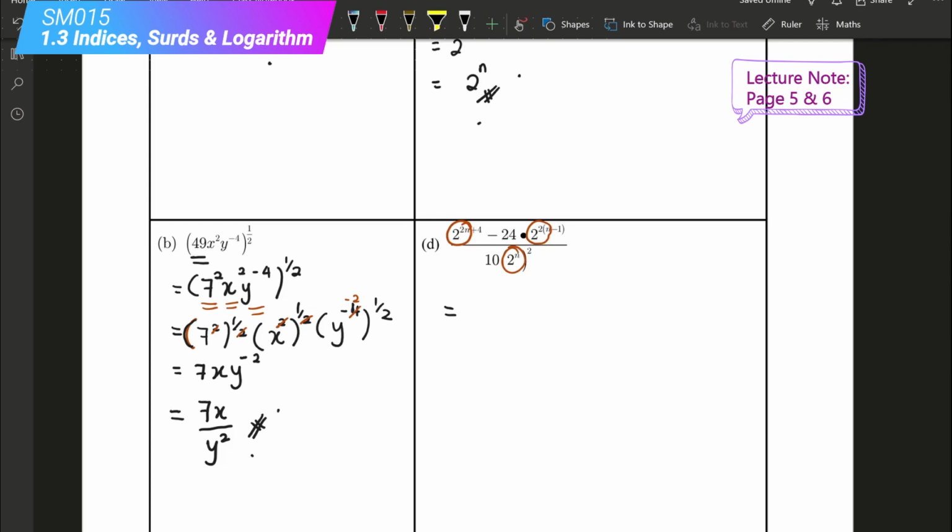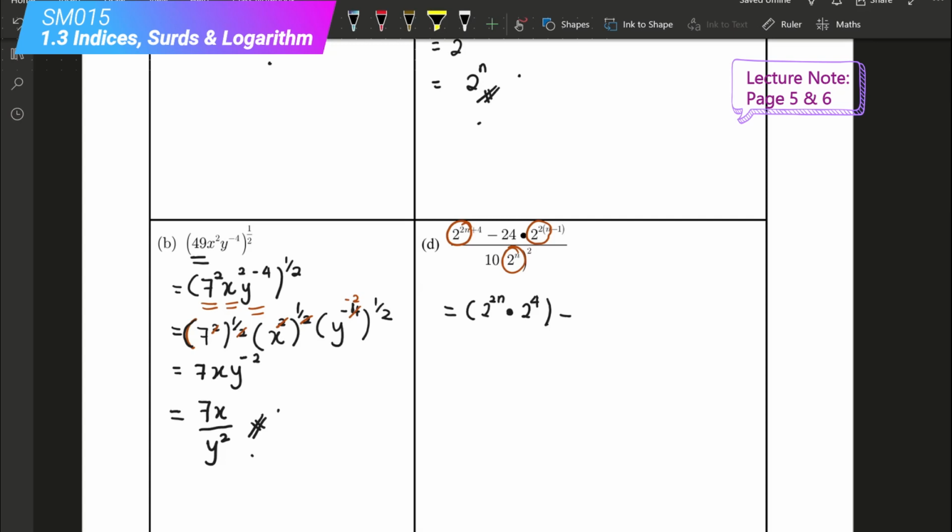Okay, how? We have here 2 to the power of 2n. The dot here means multiply by 2 to the power of 4. That's why it will become 2 to the power of 2n plus 4, because when you multiply you need to plus the index.